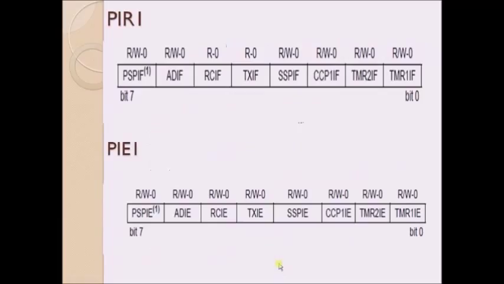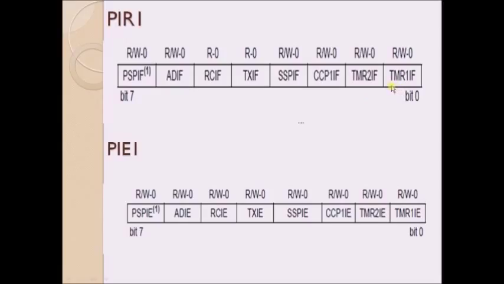Now we have PIR1 and then PIE1: peripheral interrupt register and then peripheral interrupt enable register. Here you have so many bits like PSPIF, ADIF, but out of these bits, for now we'll discuss only the bits which are related to timer 1.